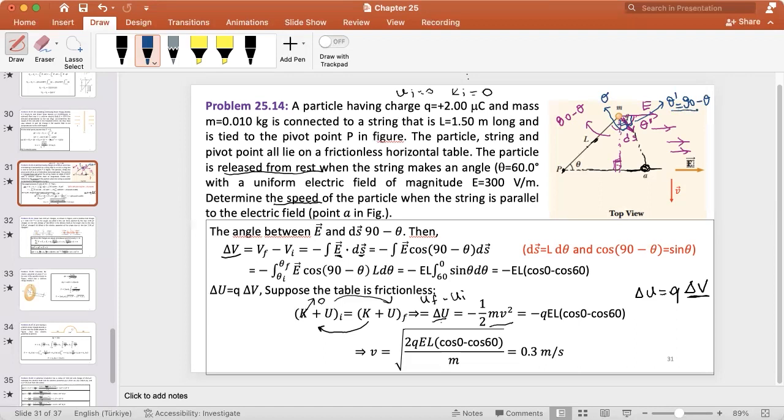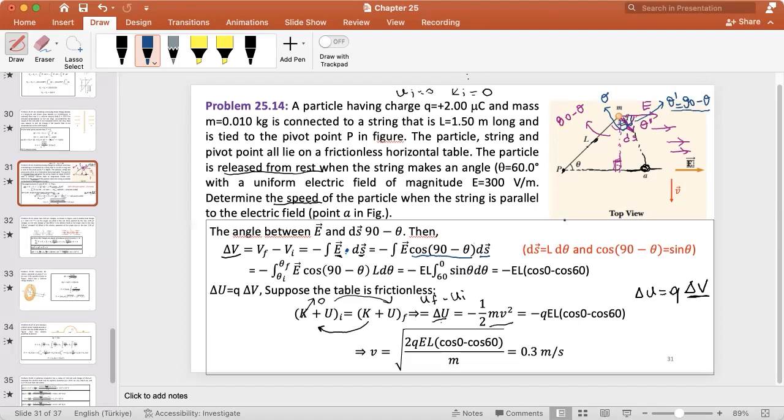Why do I need to find the angle? Because we have to use cos alpha, maybe I can say alpha, because of this dot product. It will give cos of the angle between the electrical field and ds, which is 90 minus theta. Okay, and then be careful.